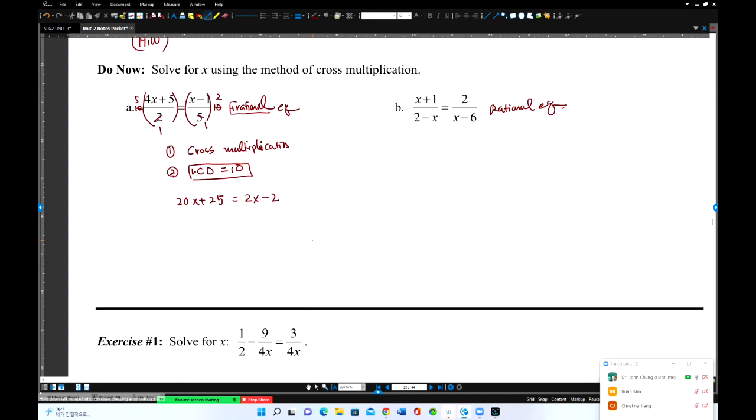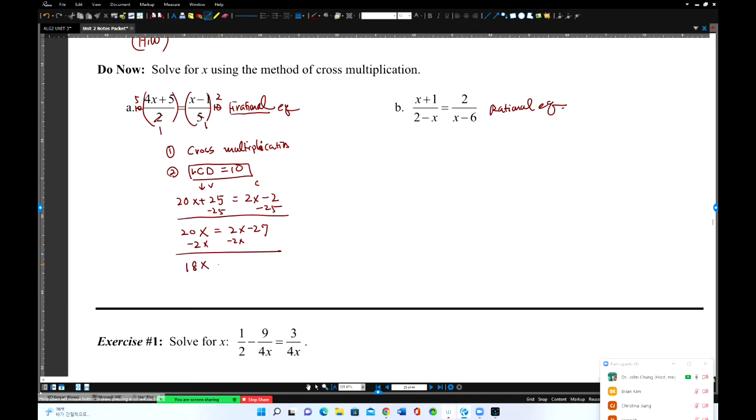Now you know how to solve this one. You can keep the variable on your left, constant on your right. So the constant moves to the right: negative 25, negative 25. So 20x equals 2x minus 27. After that, the variable terms move to the left: minus 2x, minus 2x.